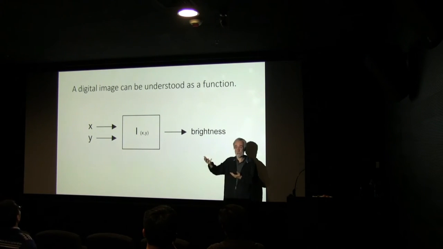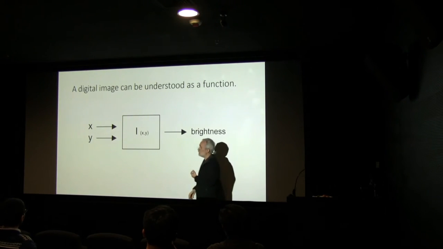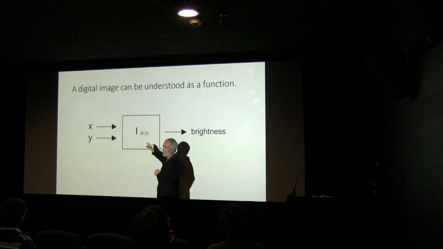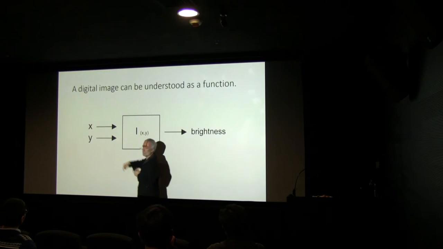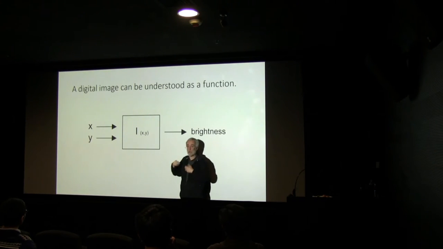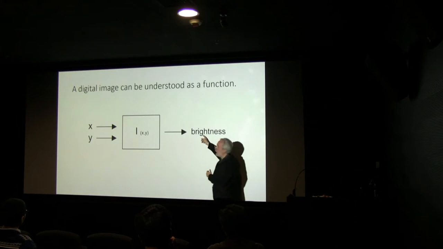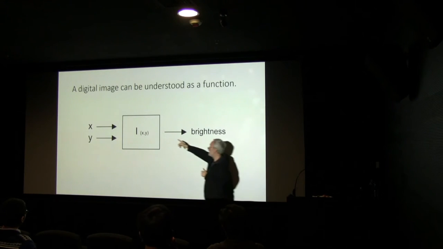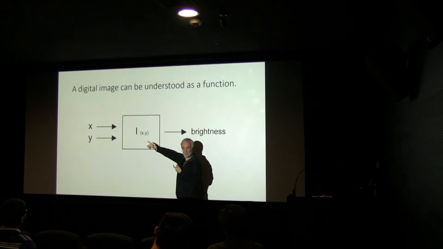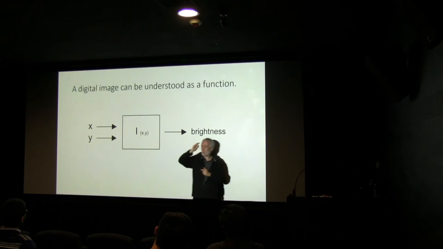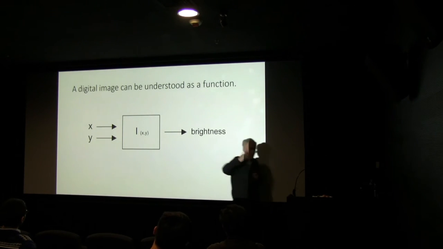Okay? So in this case there's only one input and then one output. We can think of an image as a function that receives two inputs, the x and the y, and then as an output tells you how bright is that pixel in the x and y location. Okay? So this is a very important starting point to think about images.